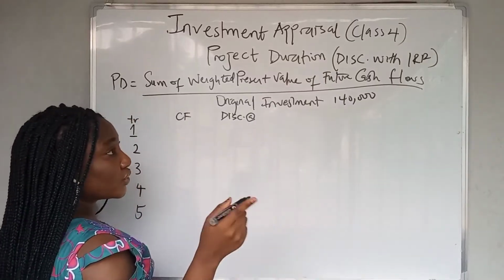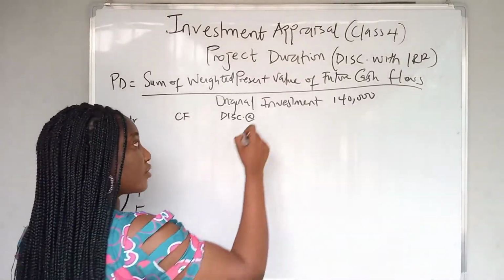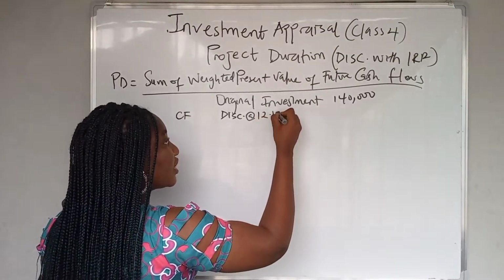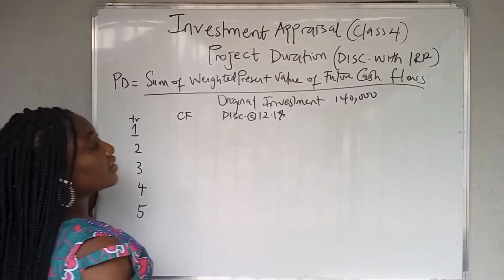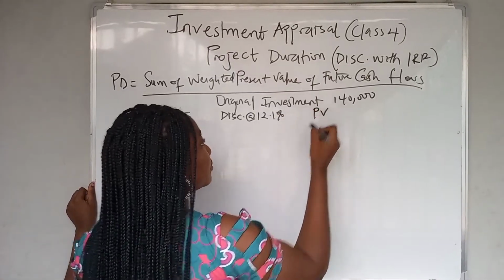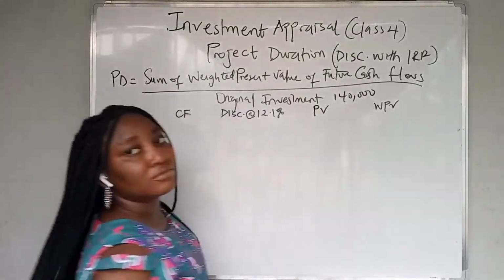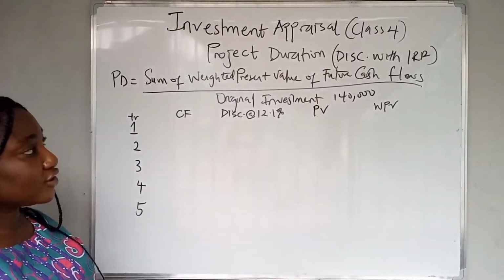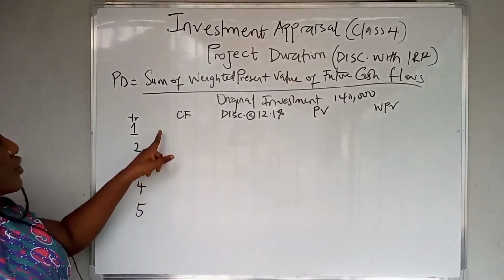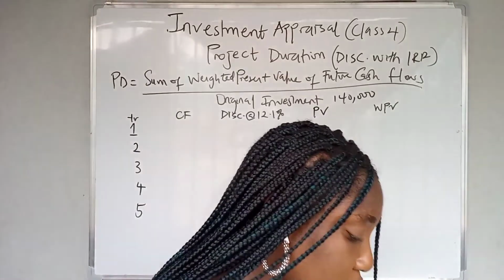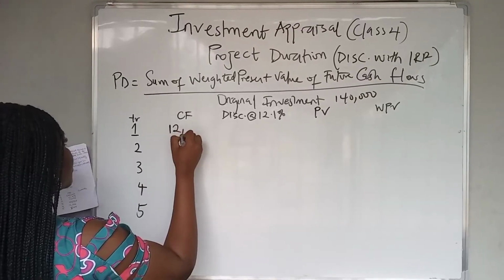And the IRR we got in class 3, which we solved to be 12.1%, right? Then you have your present values, and you now have your weighted present value. Does it make sense? It makes sense. So what are your cash flows? Check your notes because you've been in class.